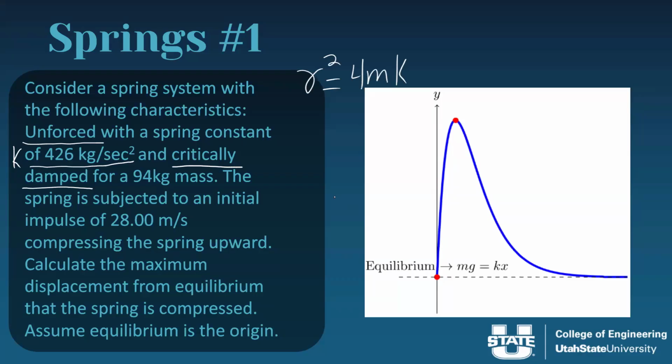Yes. So whenever we have a spring system, there is one of three different types of dampening conditions. We have critically damped, overdamped, and underdamped. So it is critically damped when this is true. If it were overdamped, what would it be?